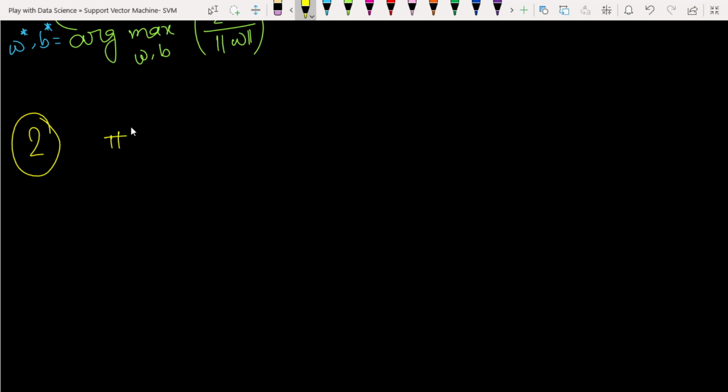Suppose our pi plus equation is w transpose x plus b equals k.